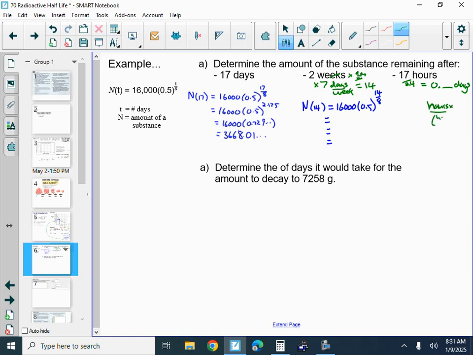Just to show some links back to things you've seen before. This would be hours, just analyzing units here for fun, but you invert and multiply, right? When you're dividing by a fraction.